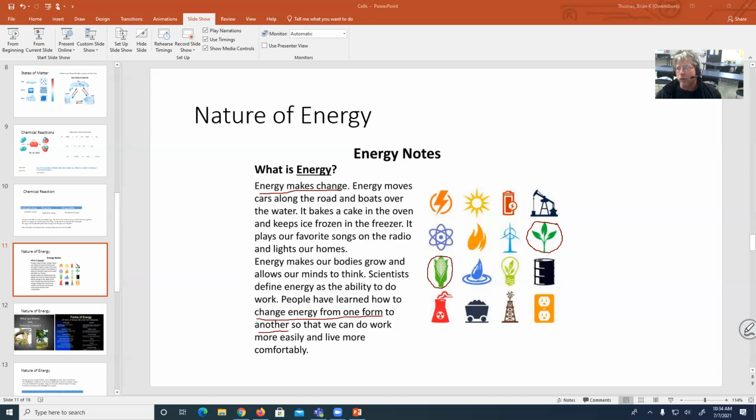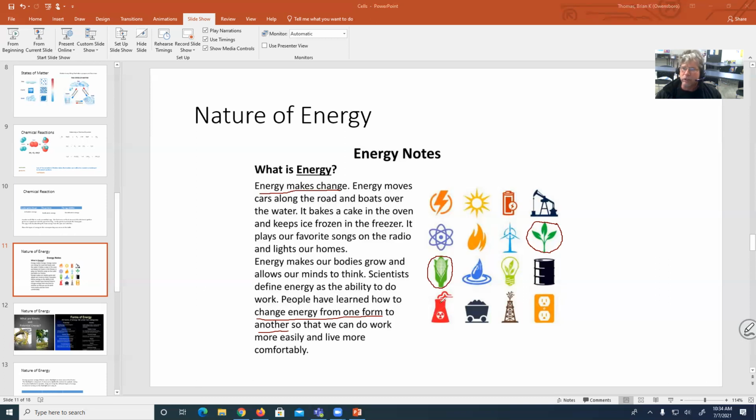And a lot of times water and heat and coal are used to create what we call electrical energy, electricity that runs through our power lines throughout the United States. And of course, nuclear energy, a lot of times that's used to power industries and homes as well.